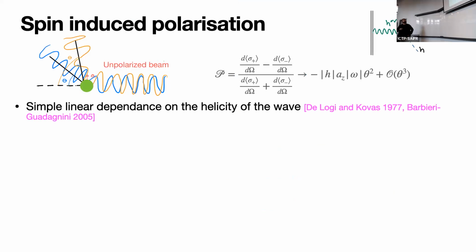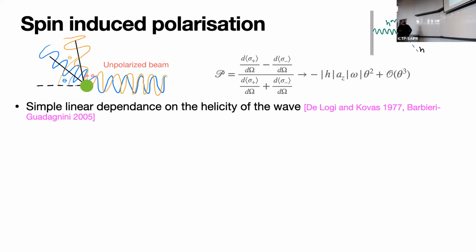One of them is that, in general, if you send an unpolarized beam, say an unpolarized gravitational wave, and you scatter off the black hole, the different helicity components will scatter by different angles.